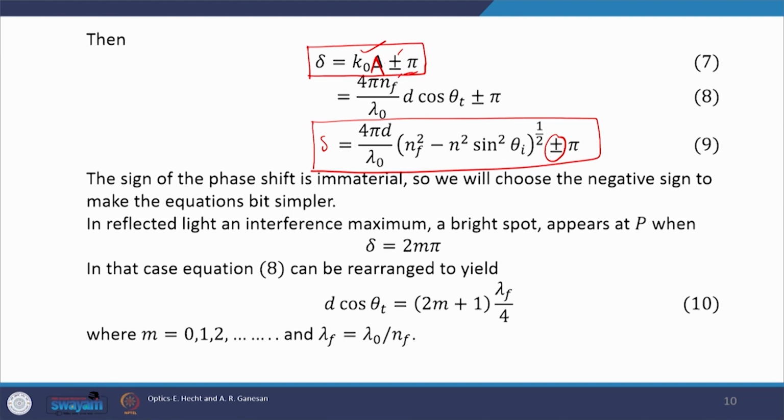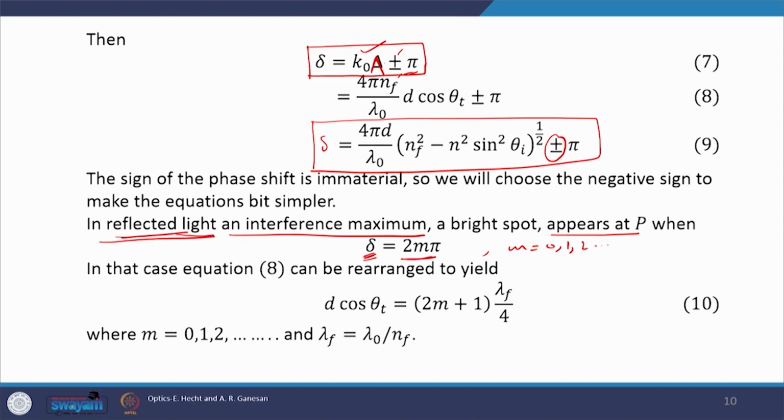Now, we are talking about the reflected light here. In reflected light, an interference maximum will occur when the phase difference is equal to integral multiple of 2 pi. Here m is equal to 0, 1, 2, it is an integer. Therefore, maxima occur at p when the phase is equal to integral multiple of 2 pi.